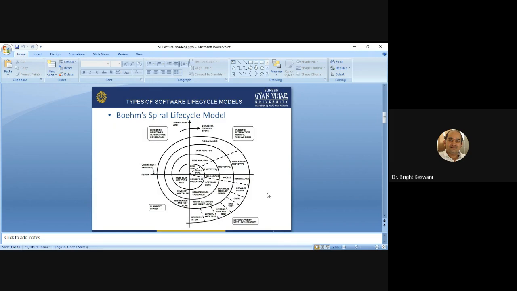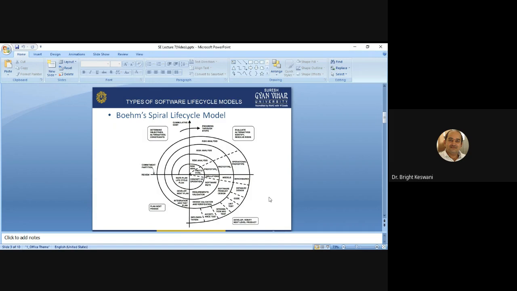Now we will discuss the benefits of the spiral life cycle model. There are several major benefits of this model. First benefit is the primary advantage of a spiral model is that its range of options allow it to accommodate the best features of existing software process models, while its risk-driven approach helps it to avoid most of their difficulties.